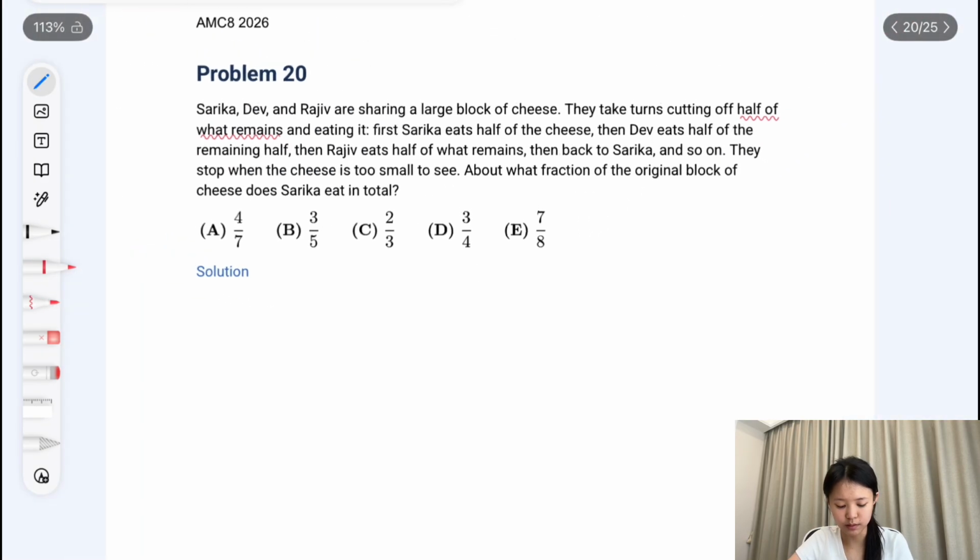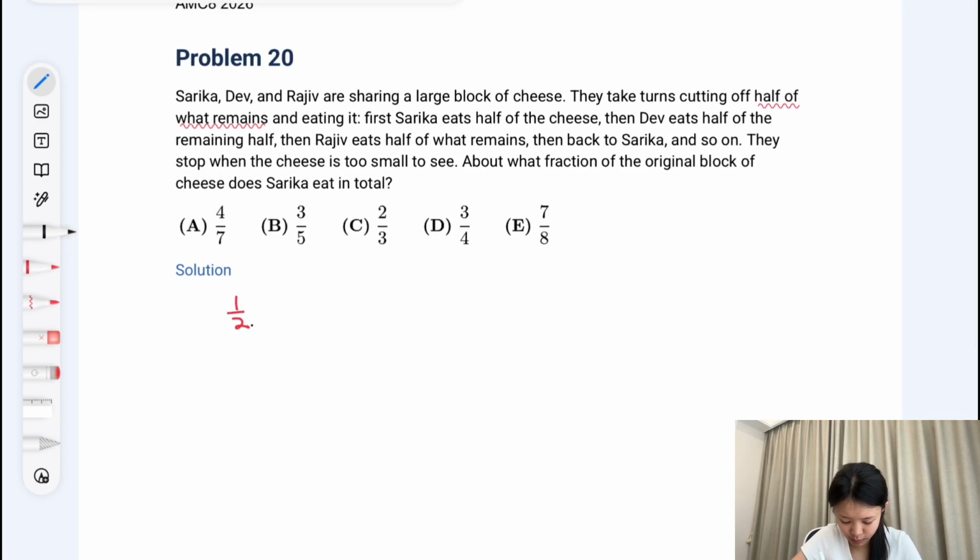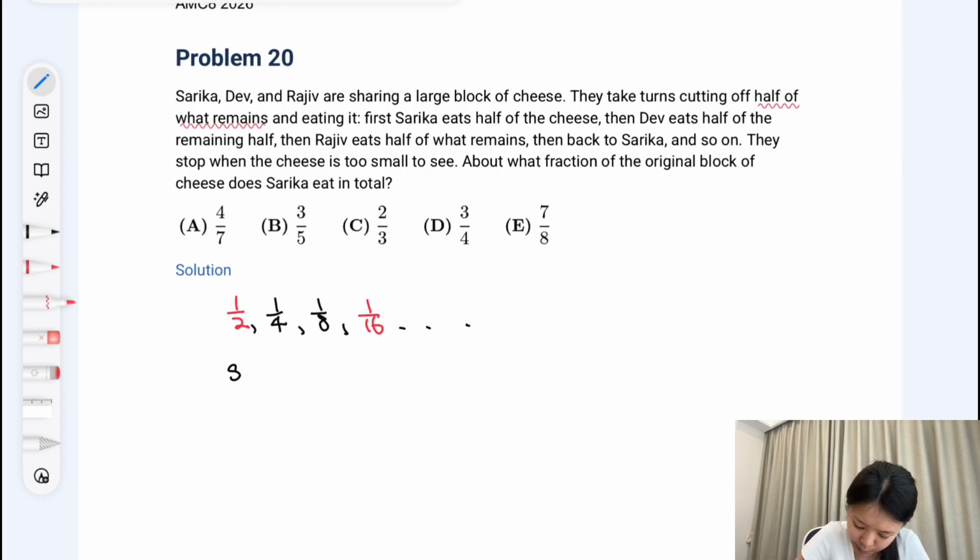So let's mark out the cheese that Sarika eats in red. First she eats half of it. Then she passes it to the second person who eats a quarter, and then the third eats 1/8. And then she eats 1/16, and so on. This goes on infinitely, essentially, because they tell us here that they stop when the cheese is too small to see.